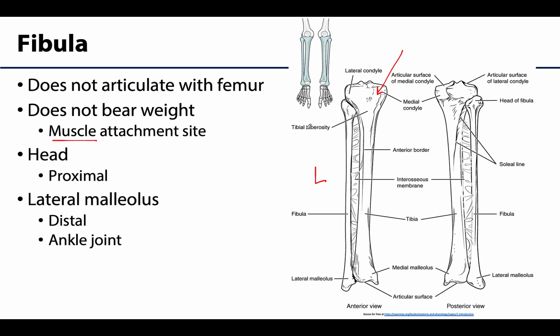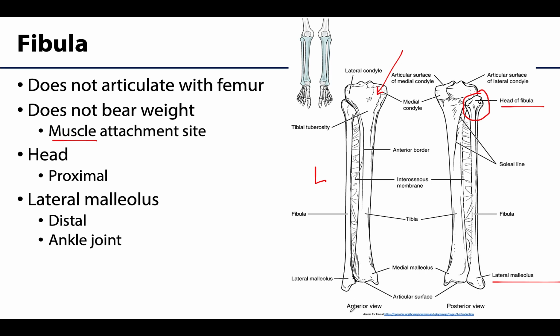There's really two main structures I want you to know here, and they're kind of hard to tell apart. If you're just holding a fibula, it's hard to tell the difference between the head of the fibula and the lateral malleolus, because they're on the ends of the bones, and if you're holding one without any context, it can be difficult. The head of the fibula tends to be a bit more robust, more square-like, whereas the lateral malleolus tends to taper.